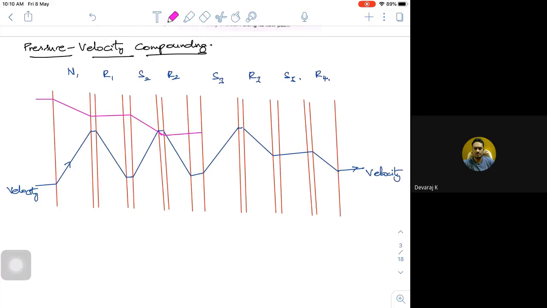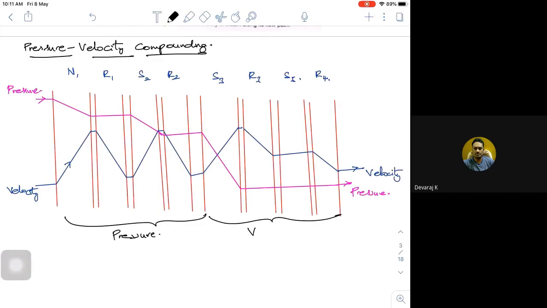Then it drops to a particular value, almost remains the same, and it exits. This is your pressure at the entry, this is the pressure at the exit. So this is pressure compounding, and this will be velocity compounding. If both are done simultaneously, we call that pressure velocity compounding combined.